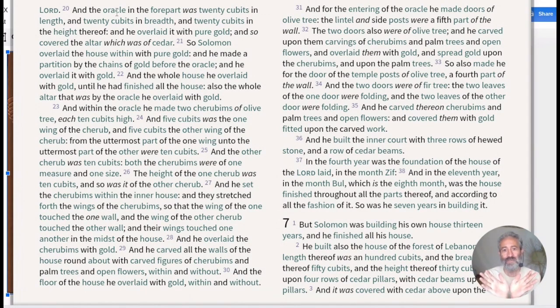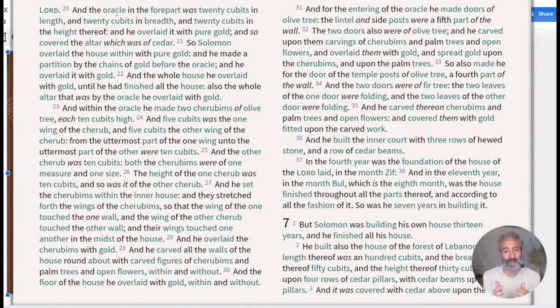And 5 cubits was the other wing of the cherubim, from the uttermost part of one wing unto the uttermost part of the other was 10 cubits. So the length of the 2 wings together, 10 cubits. And the other cherub was 10 cubits. Both the cherubims were of one measure in the same size, so they're identical measurements. The height of one cherub was 10 cubits, and so was the other cherub.